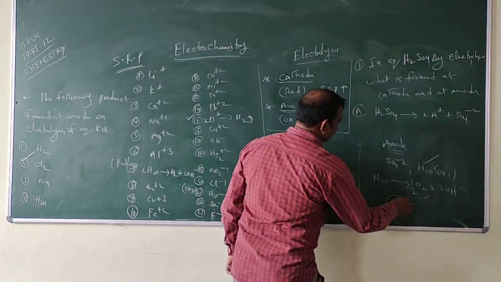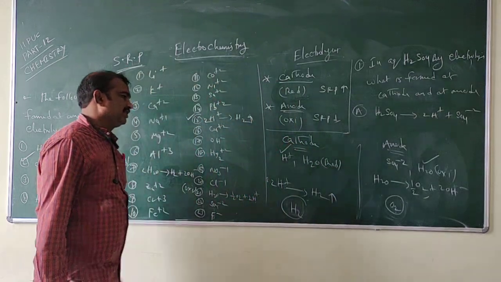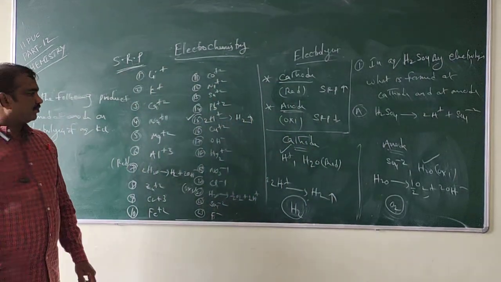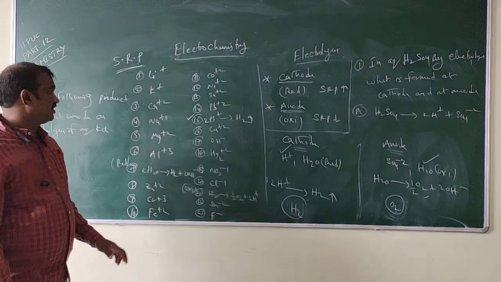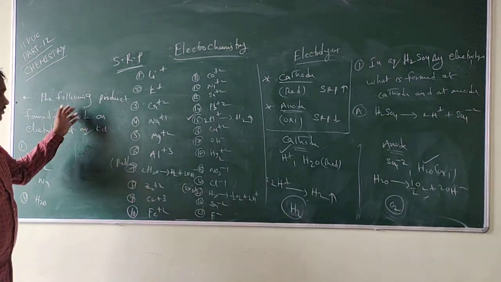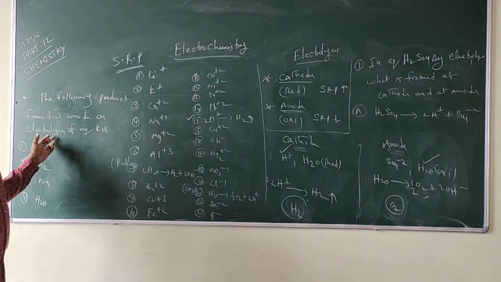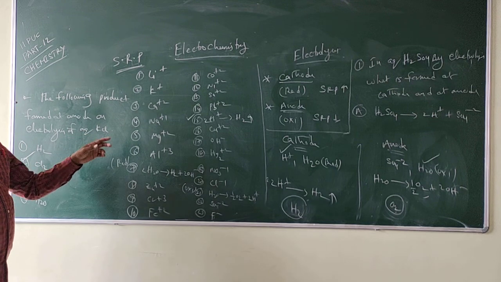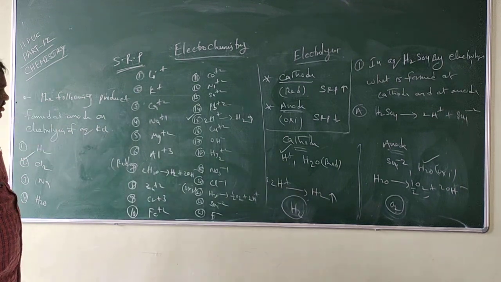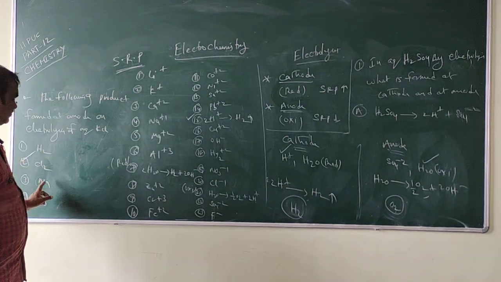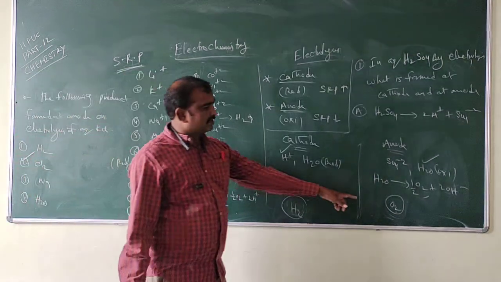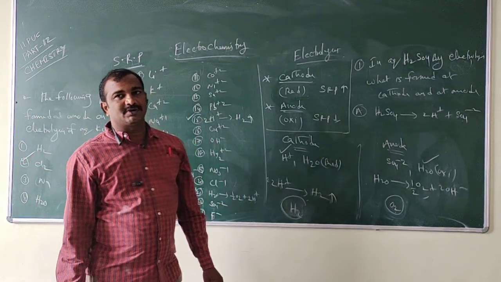O2 is formed. The same question they will ask you: write the product formed at anode and cathode on electrolysis of aqueous H2SO4. Anode, what is formed here? O2 is formed.